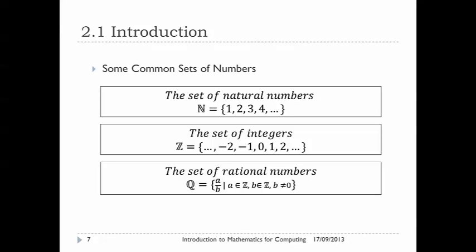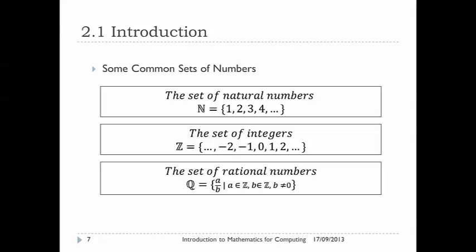In somewhat a similar fashion, we can add 2 integers and we'll always get an integer. So for example, minus 1 plus 1 is 0, and 0 is in the set of integers. We can also subtract 2 integers and get another integer. So minus 1 minus 2 is minus 3, and that's also an integer.